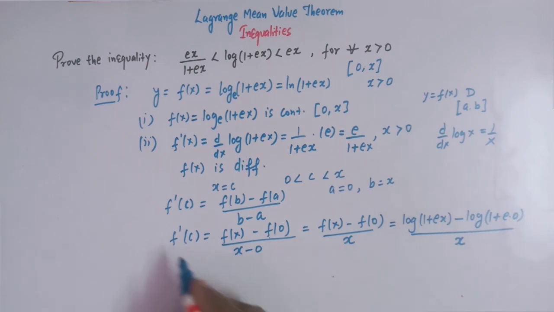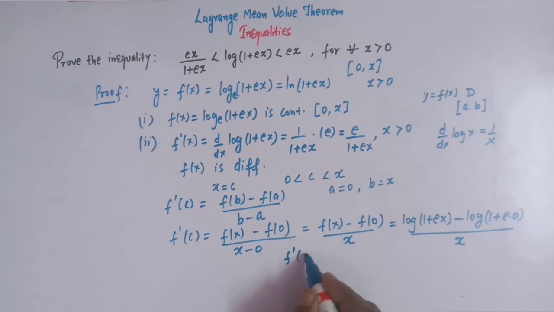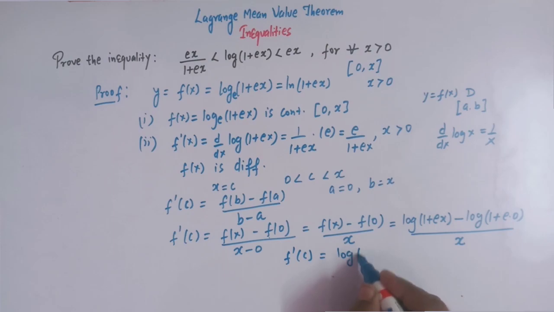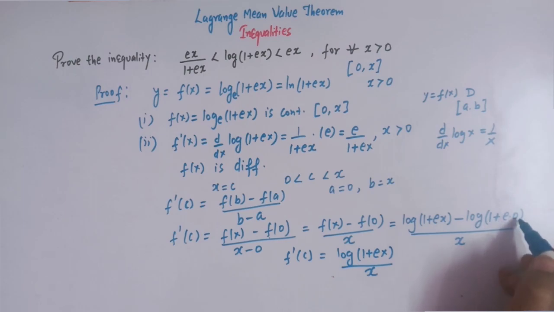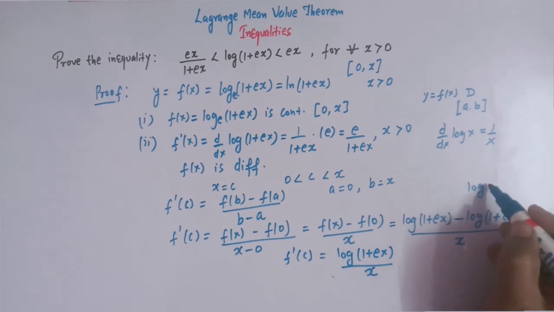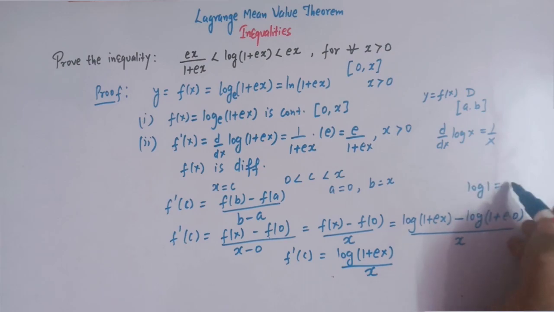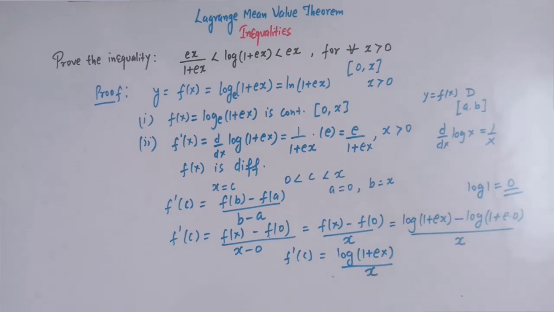So we have f prime of c is equal to log of 1 plus ex divided by x, right? Because log of 1 plus e times 0 is simply log of 1, that is log of 1 is equal to 0, right? So now we have this expression, right?